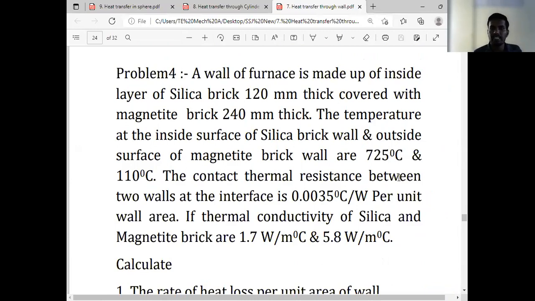A wall of furnace is made up of inside layer of silica brick 120 mm thick, covered with magnetite brick 240 mm thick.